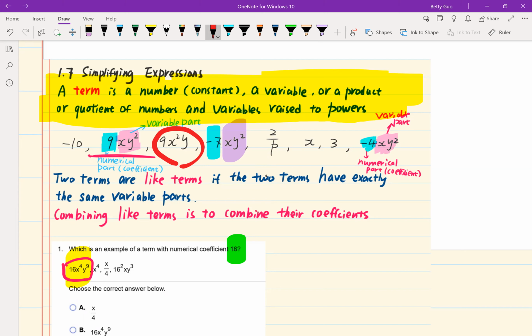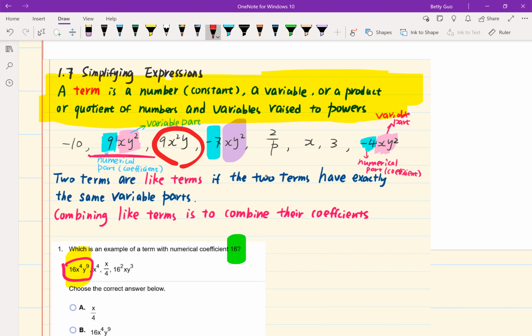The variable part is not exactly the same, even though they do look similar. It's kind of confusing because it's so similar, but they are not the same. It has to be exactly the same. The variable part has to be identical. Then it's like terms. Am I clear about that? Yeah, like terms. So this one, if we look at all the terms, that one is just by itself. No other term is like terms of it, right?